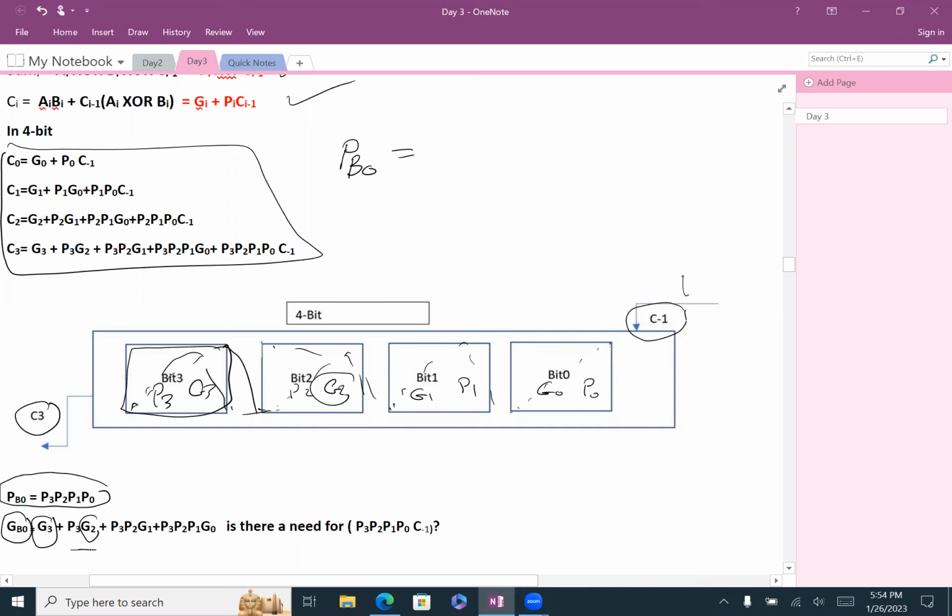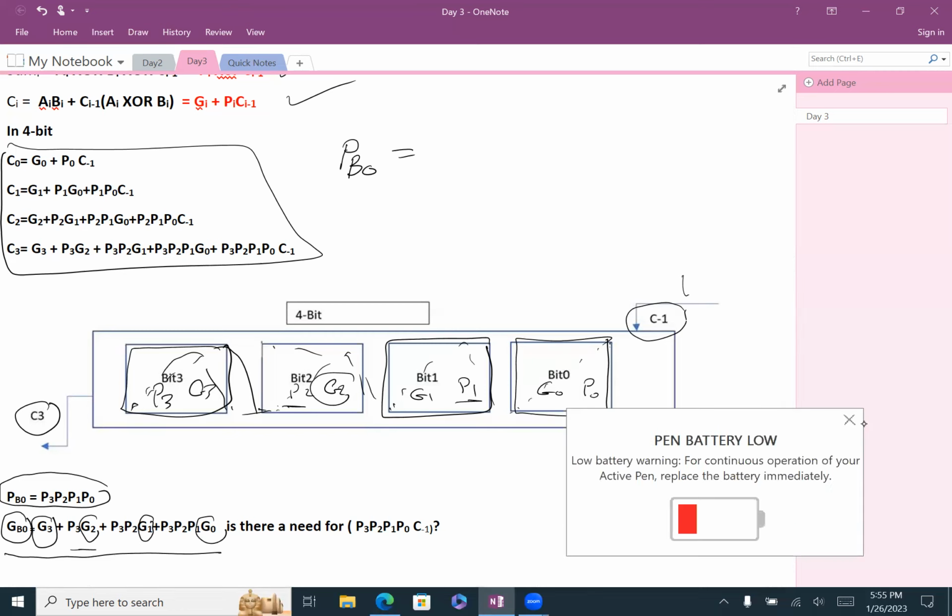What's the third condition? Correct me. Here, this block. What do we do here? Either you generate it at 1, and then propagate it through 2 and 3, so B2 and B3. What about here? It's generated here at G0, then it goes through B1, B2, B3, right? Okay, and it's coming from outside.